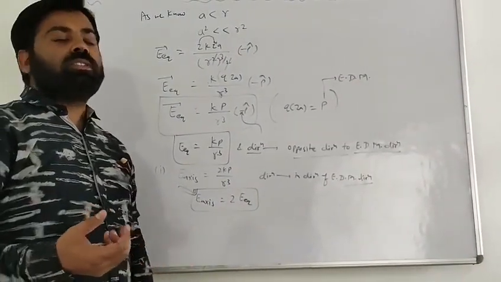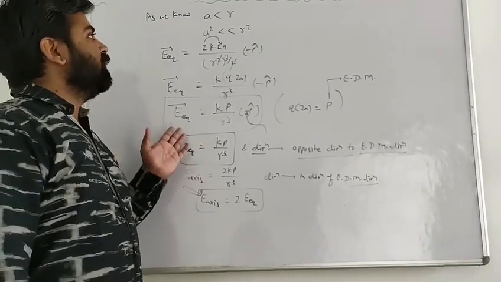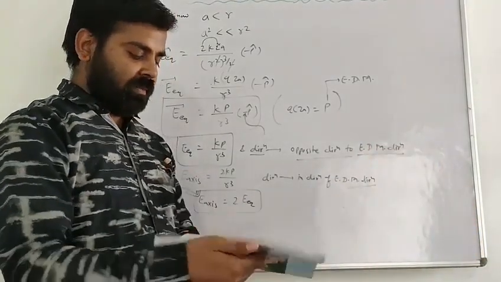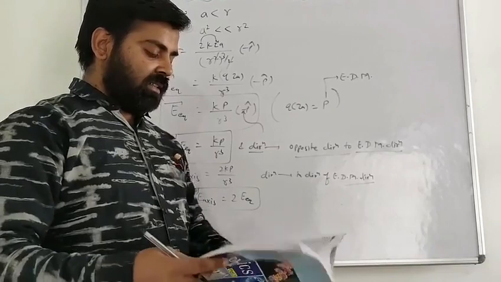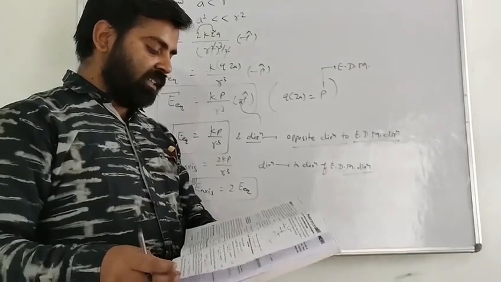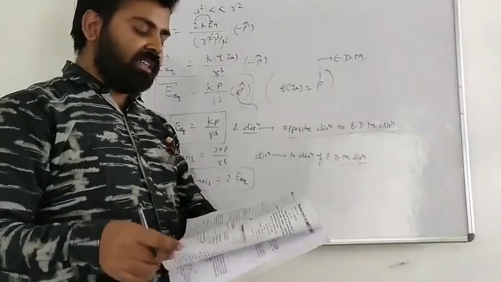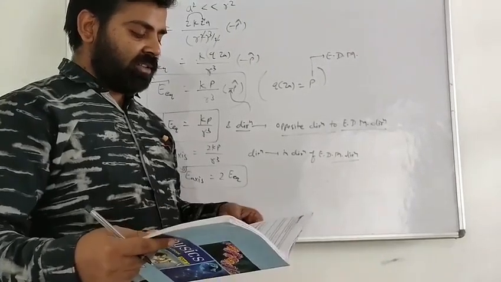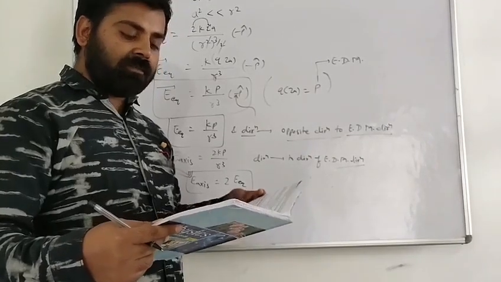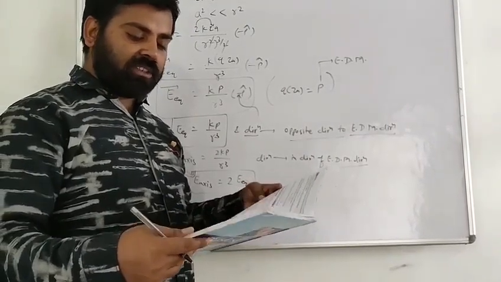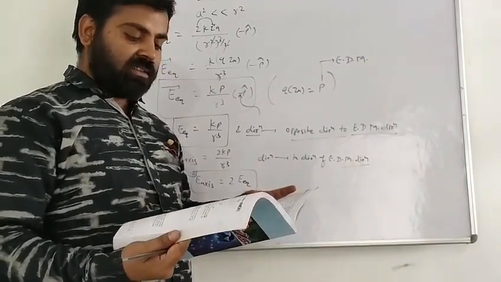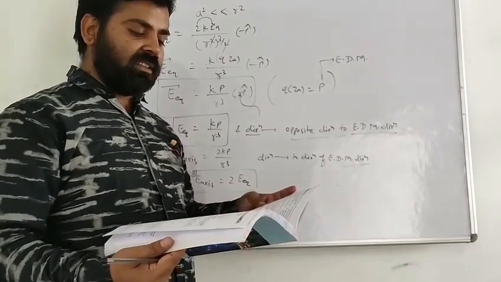Now I give some homework on this derivation and the previous class. From your book, chapter one, example 1.18, example 1.19, and in the exercise, multiple choice questions as I discussed in the previous class, question number 7, question number 12, in very short answer type question number 12, question number 13, and in long answer type question number 3.